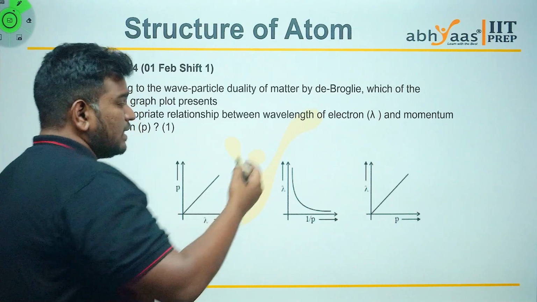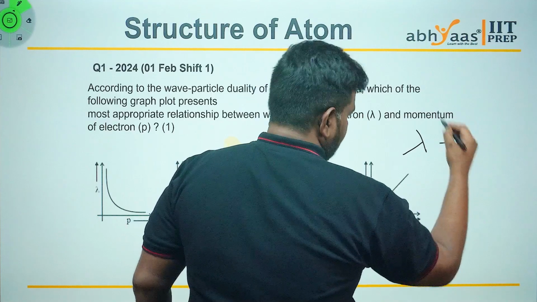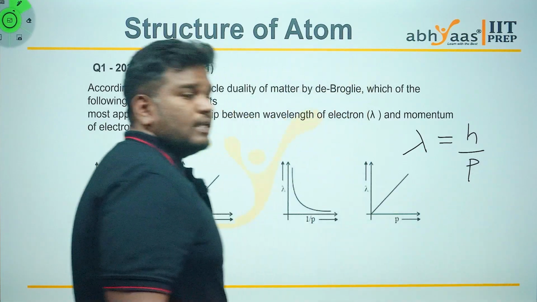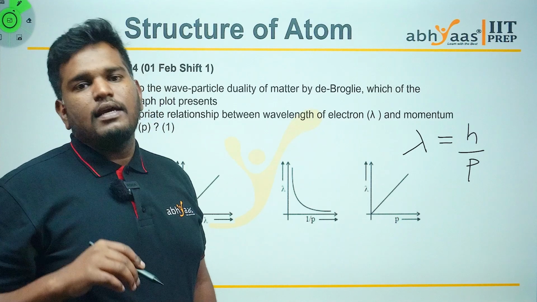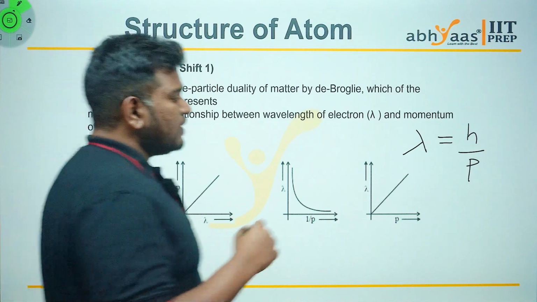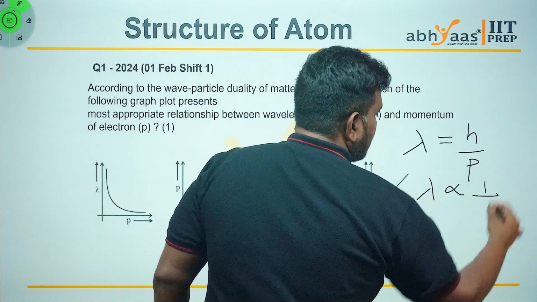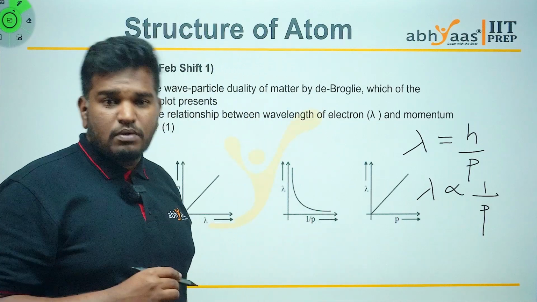We know that the de Broglie wavelength is given by lambda is equal to h by p, right? Lambda is equal to h, Planck's constant, divided by momentum. So here we know that lambda will be inversely proportional to momentum.